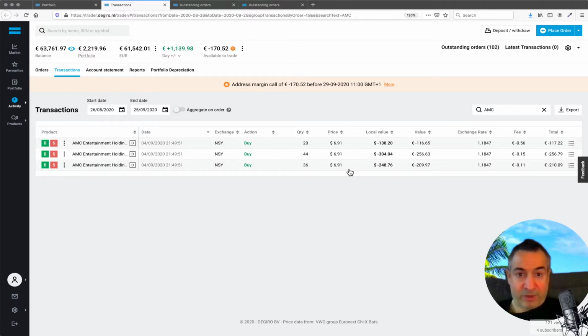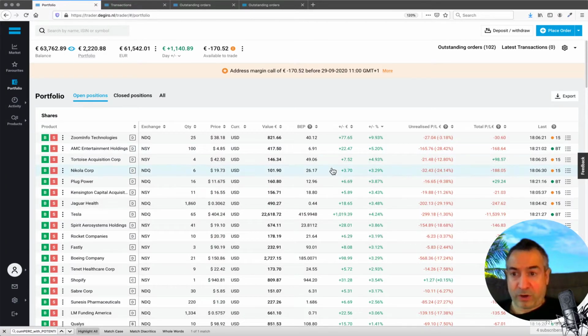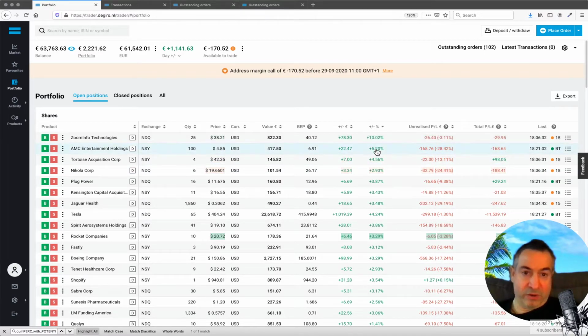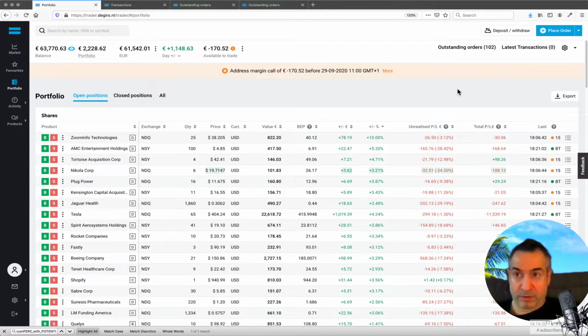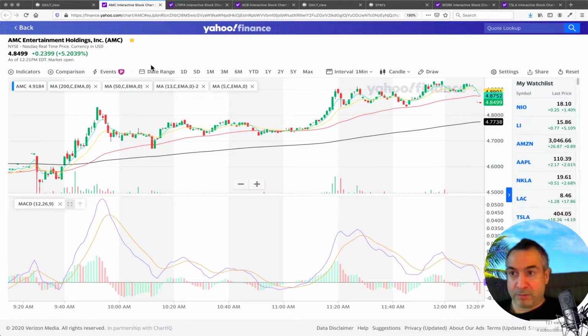I bought them at $6.91, and so far they are at $4.85 right now, and that's with the 5% increase. Probably this is not updated, although here it says it's updated to the millisecond, but okay, it is updated, actually, 4.85. That's pretty good.